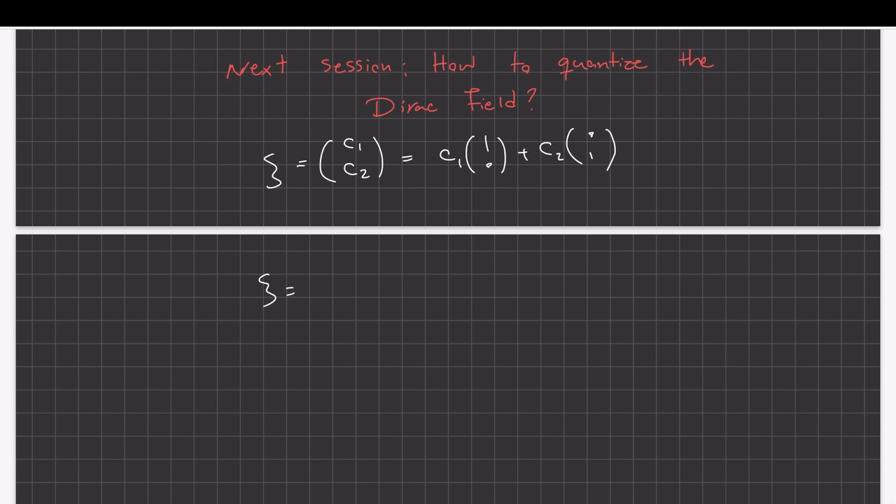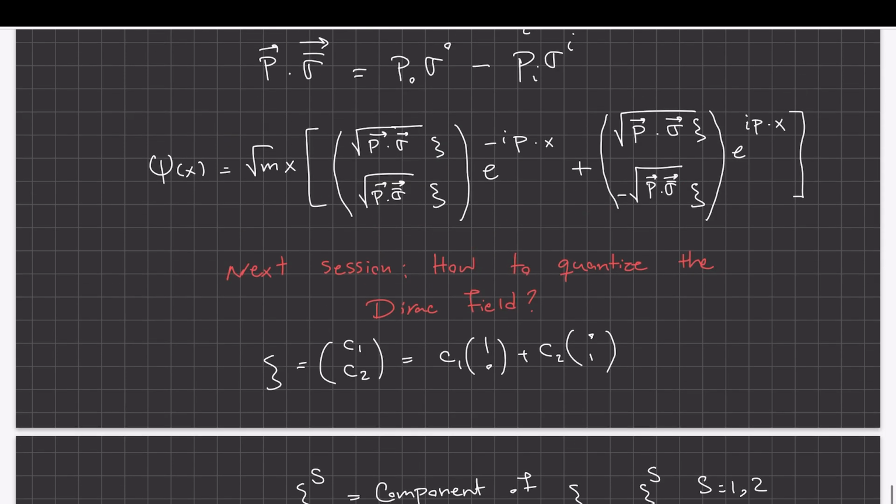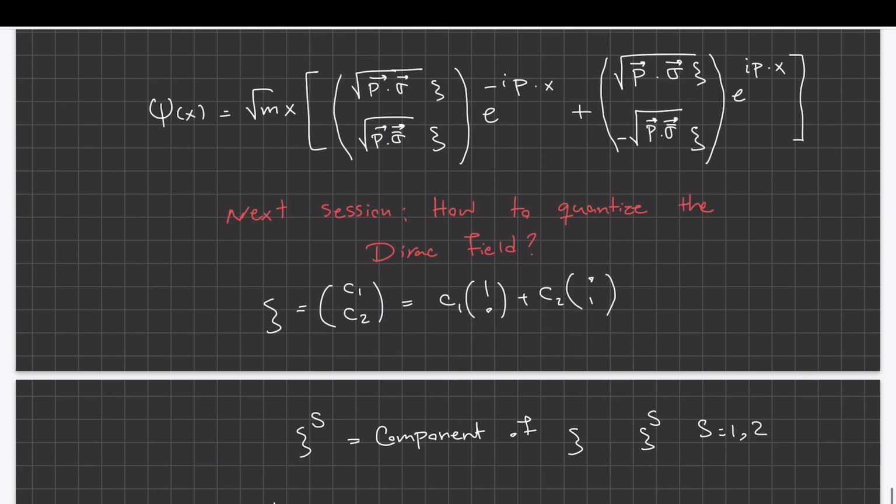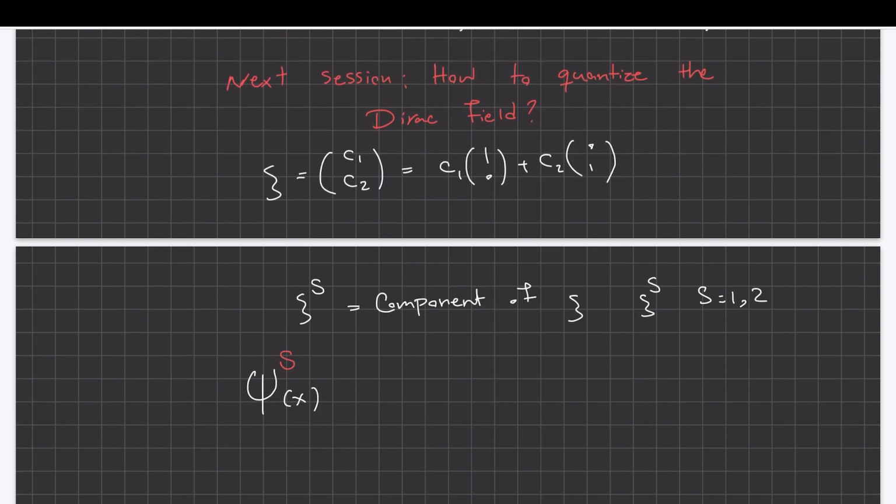So this psi can be labeled with an index S, and this index S is just basically telling us which component of it to look at. So we're using an extra index S to see the component of psi, and then we are going to pass this index S to psi. So we have psi of x of S.